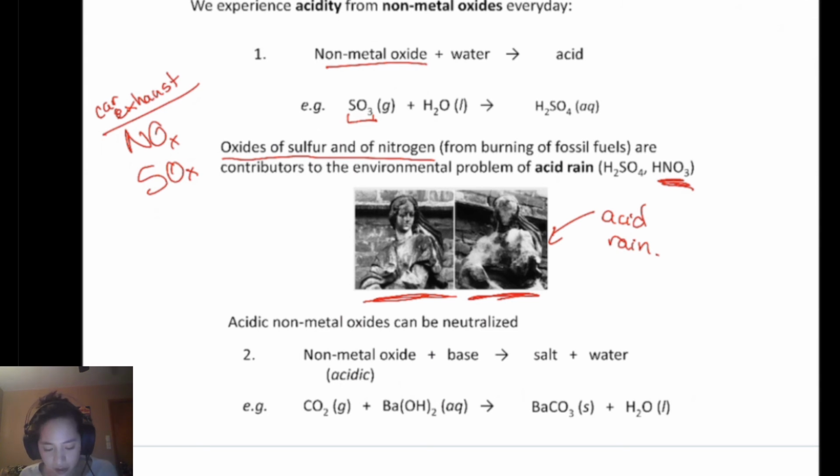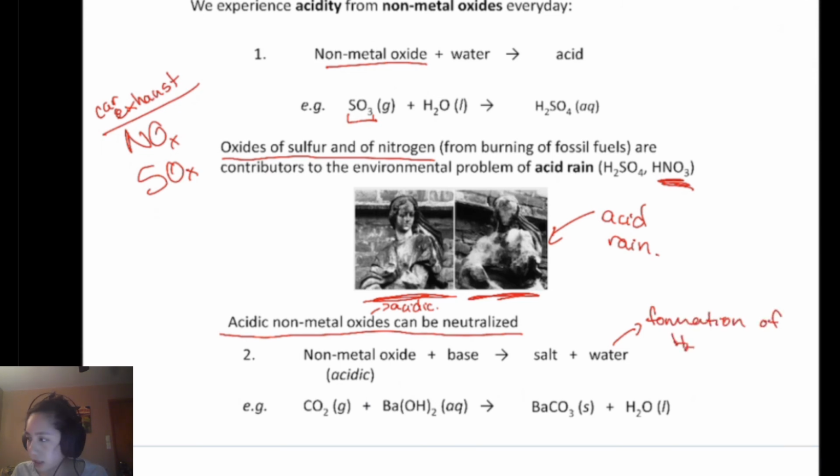Right, and similar with metal oxides, acidic non-metal oxides can also be neutralized. Since non-metal oxides are acidic, we'll have to neutralize them with a base. And again, remember with neutralization reactions, formation of water is our driving force.